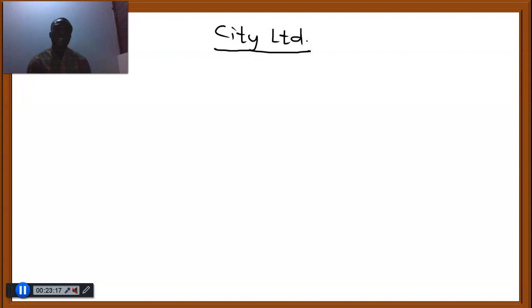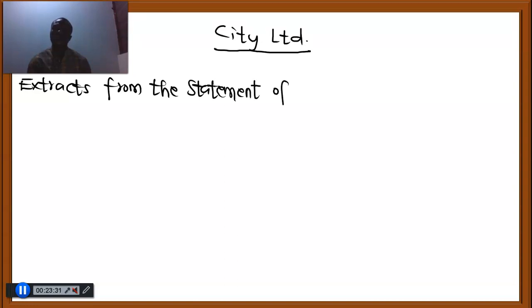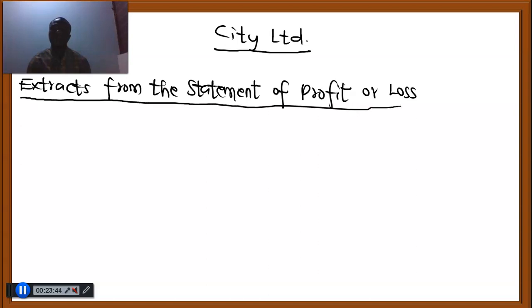So we are showing extracts from the statement of profit or loss, for only 2019.